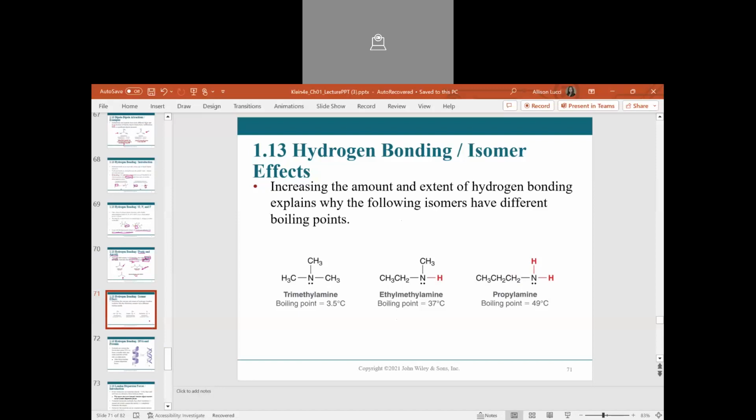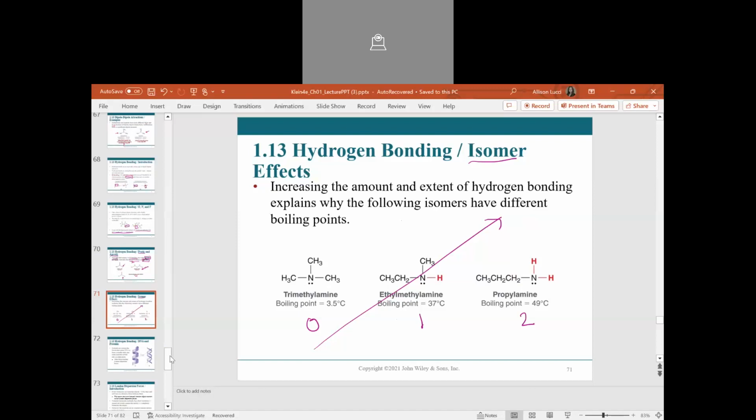So again, H bonding, depending on what isomer you're talking about, these are three different molecules down here with different arrangements. And depending on how many sites of hydrogen bonding are possible, so we have 0, 1 hydrogen bond that can form, or 2, we see this trend of increasing boiling point. So the propylamine, the one that can do the most hydrogen bonding, has the highest boiling point.